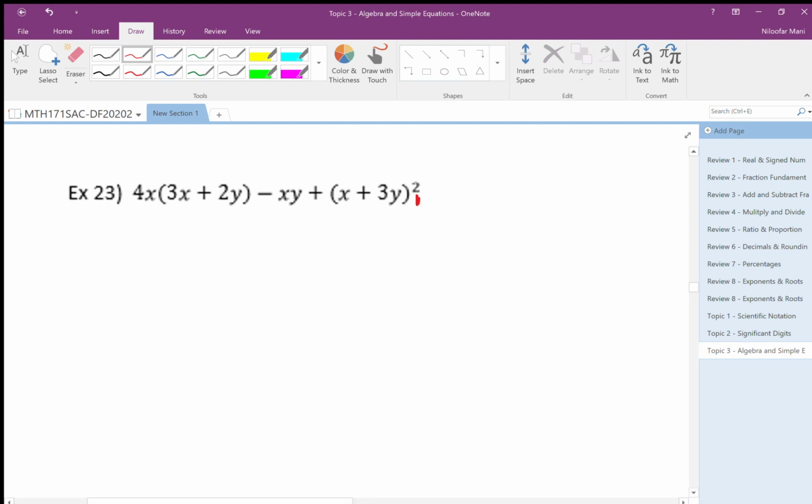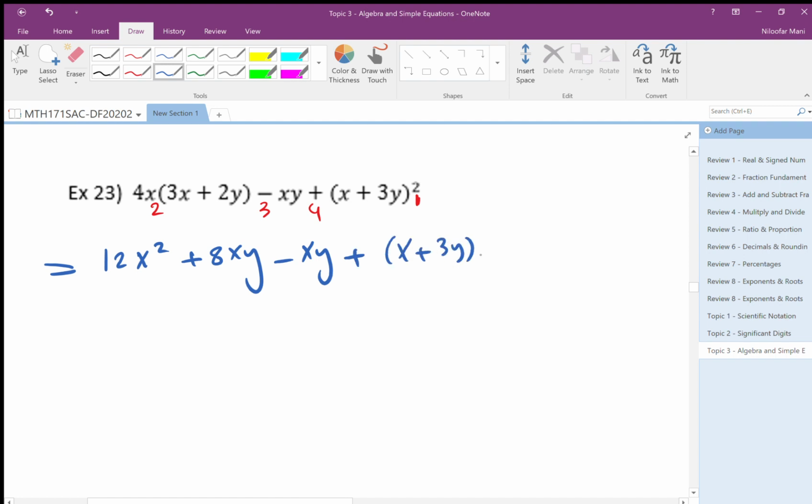Inside the bracket, so exponent, yes, and then multiplication, so 2, and then 3 and 4. Okay, so equal. I can do several steps inside one line, so I can say 12x squared plus 8xy minus xy plus, don't forget this one is x plus 3y multiplied by x plus 3y.